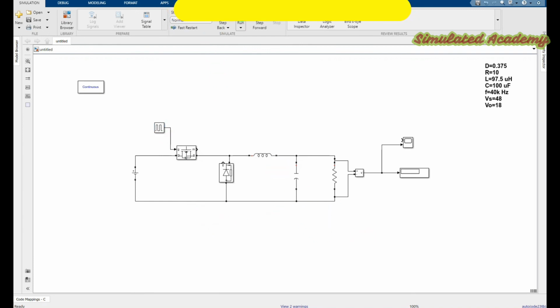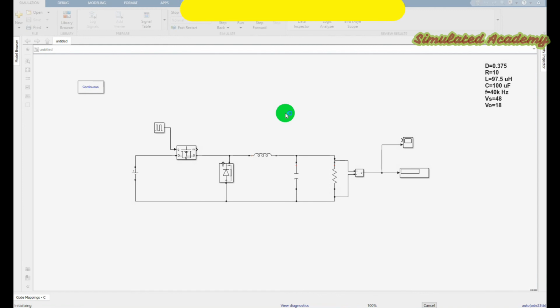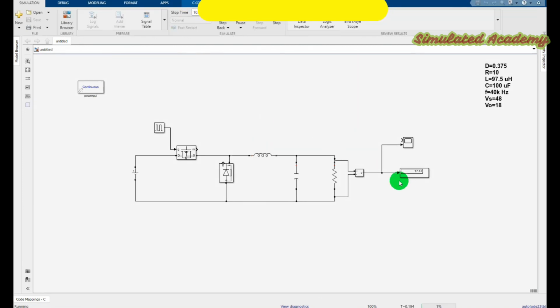Now run this. It's running and I get an output of 17.47.